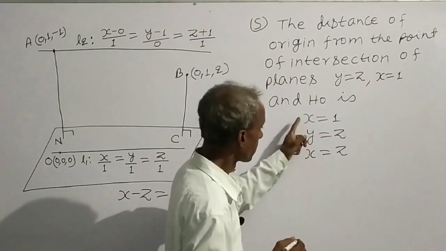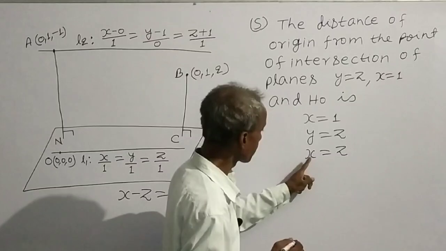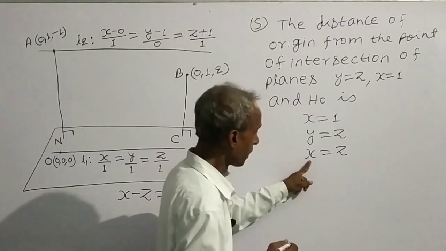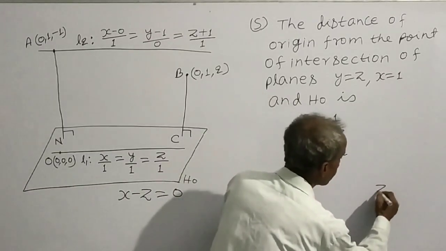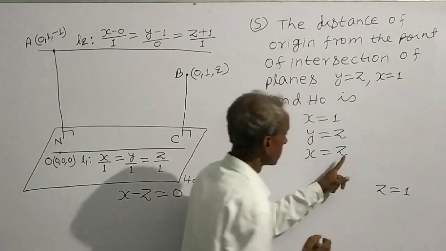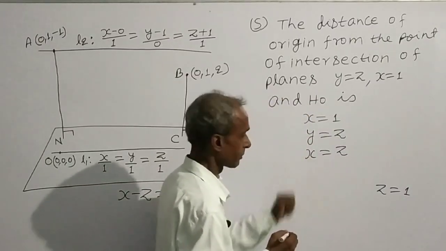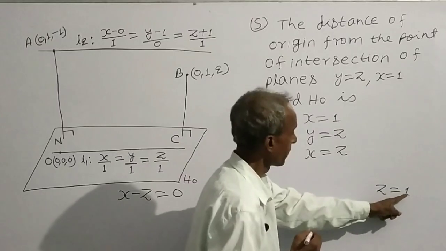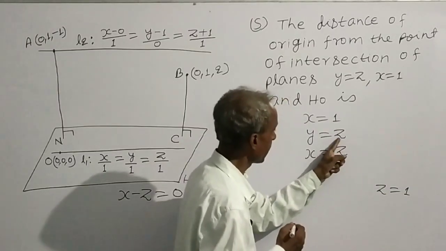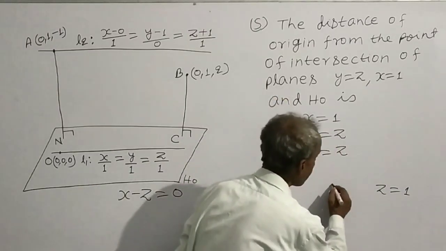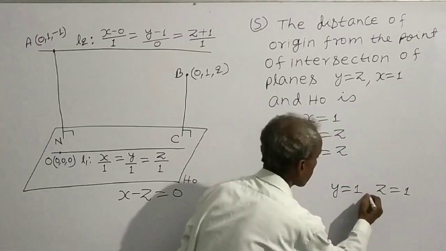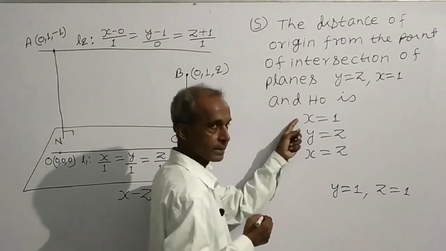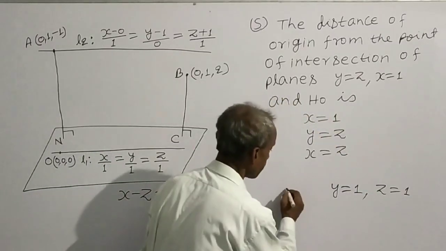When we put 1 in place of x here, we get z is equal to 1. When we put 1 in place of this z, we get y is equal to 1. And x is already equal to 1.